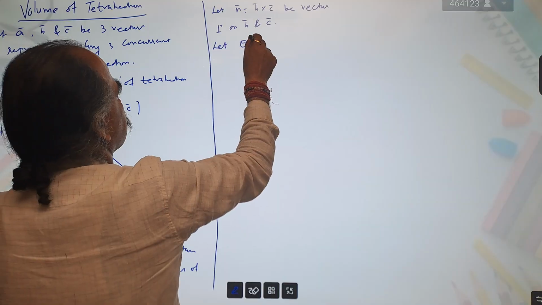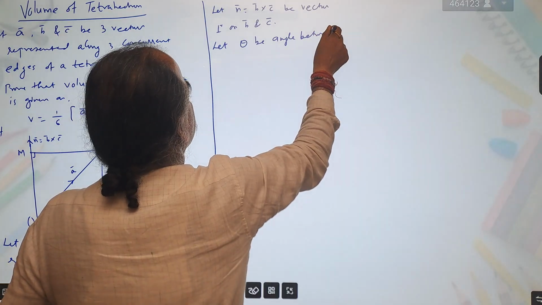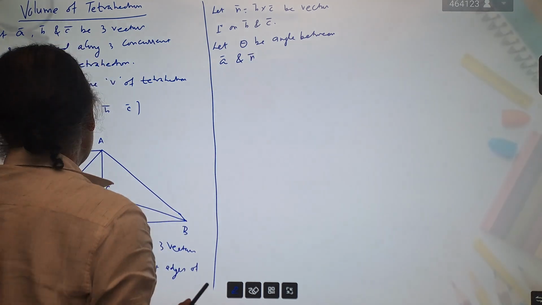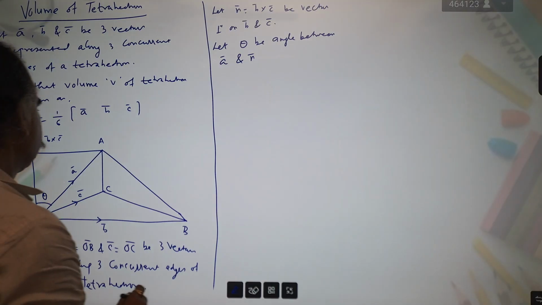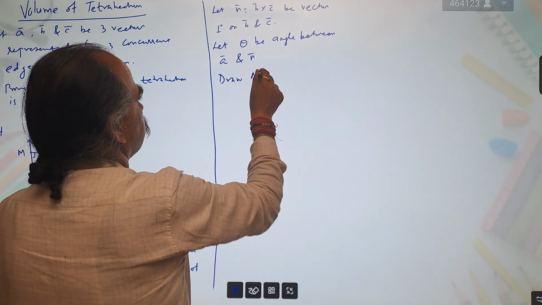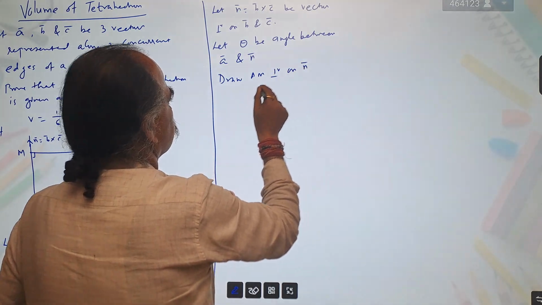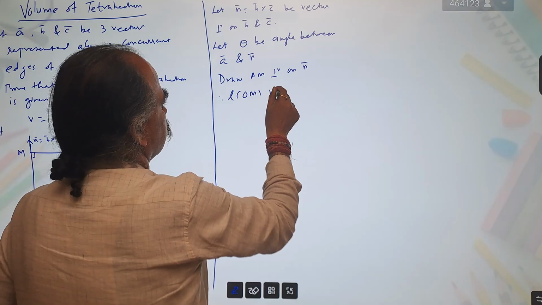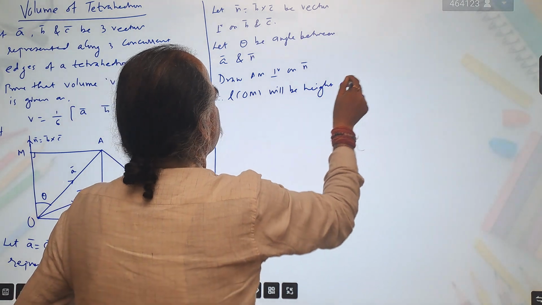Let theta be the angle between A bar and N bar. Draw AM perpendicular on N bar. So length OM will be the height of the tetrahedron.